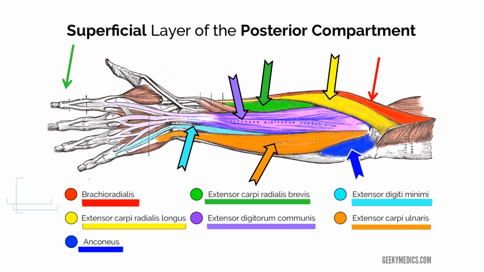This is a very easy muscle to identify, because as you go towards the hand, it is going to have four tendons going to the four medial fingers, and it is not going to the thumb. This is a short summary of the extensor muscles at the back of the forearm.